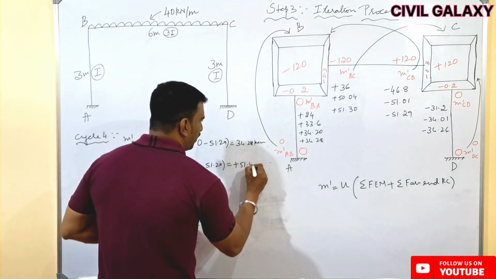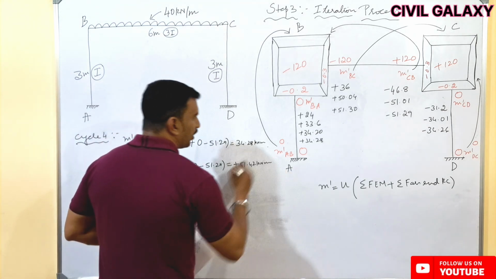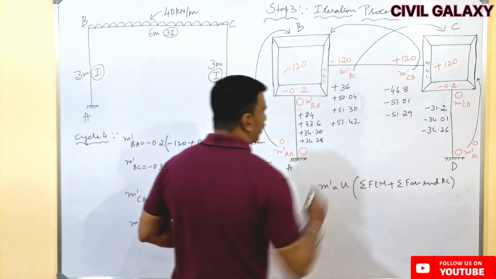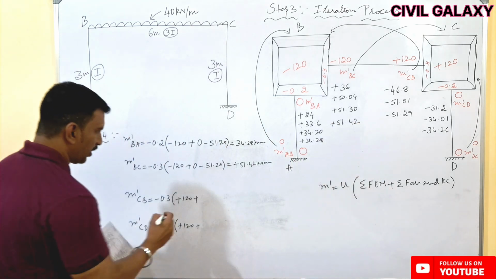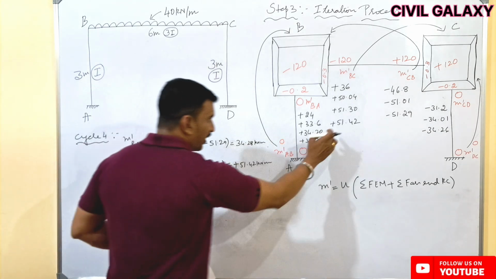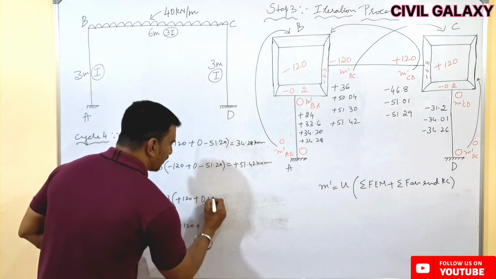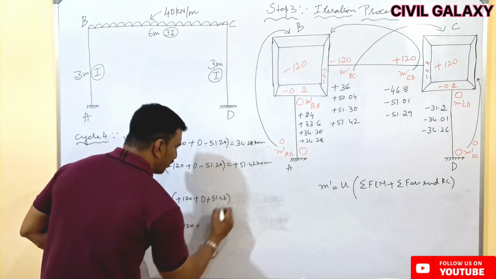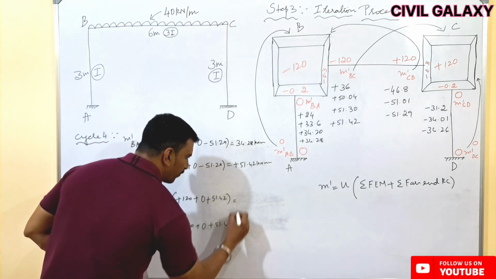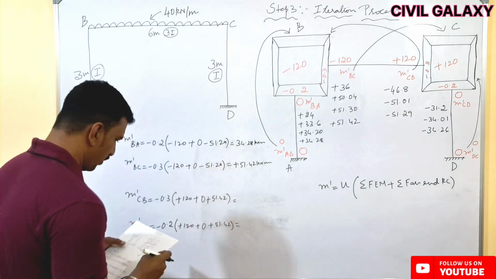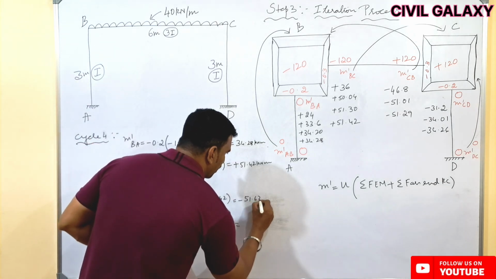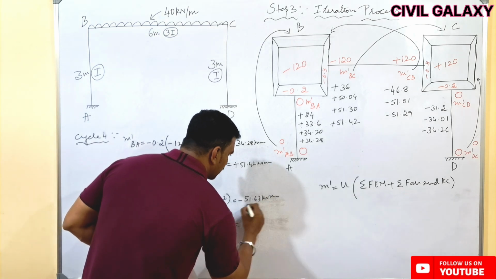plus 51.42 kilonewton meters. So here it is plus 51.42, and here it is 0. Here is a new iteration value which is plus 51.42. Here 0 plus 51.42. So we are getting a value of minus 51.63 kilonewton meters.